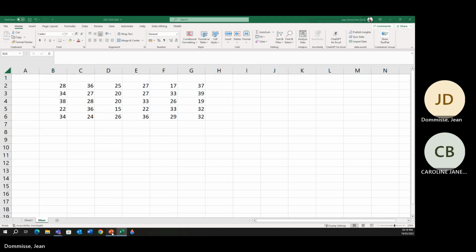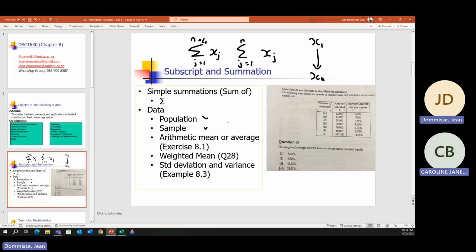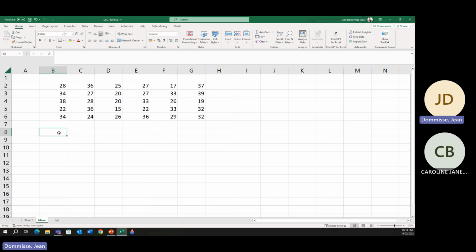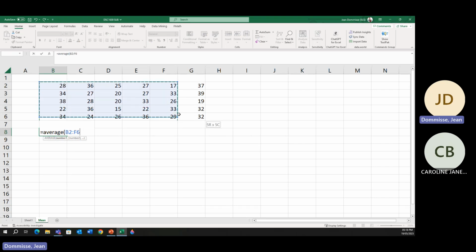So if we look at it in this one, if we want to work out the mean, it's also called the average. So we can just use this whole set of data and work out the average.